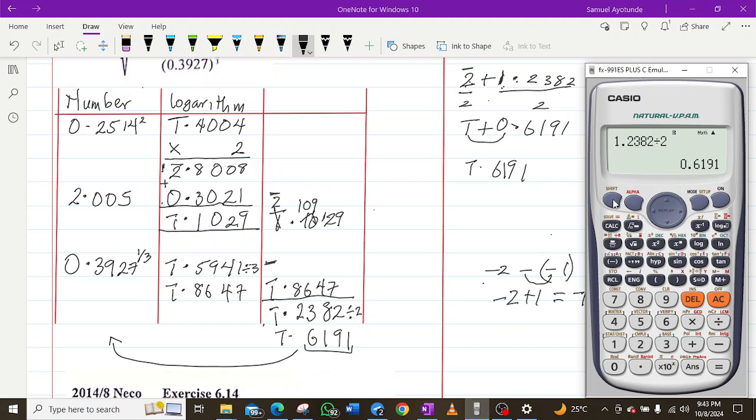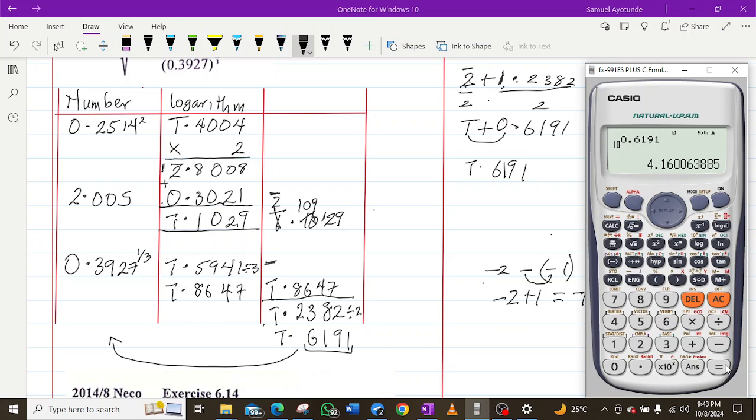So anti-log, that is shift log. Then I press 0.6191, equal to 4.1601. Don't forget 4 decimal places, 4.1601.